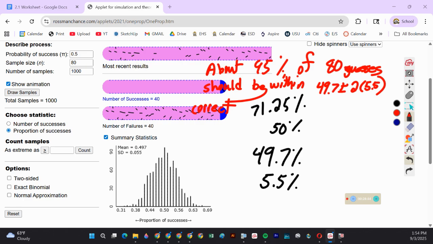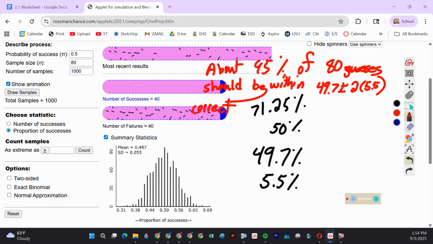Does anybody not get that calculation? So you have to understand that. If you don't get it, don't let me move on. Everybody good? Okay, so what is that?